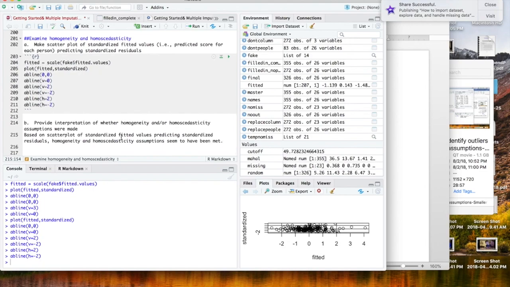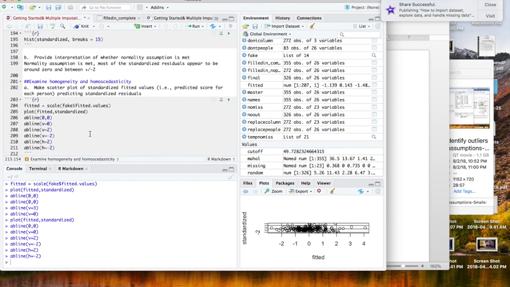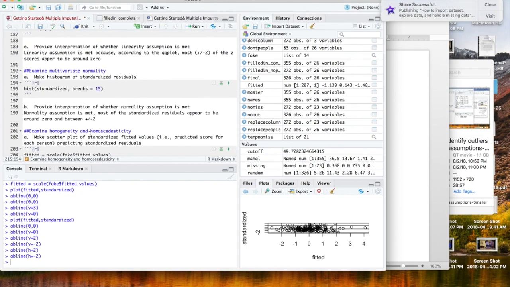And that's how you check for homogeneity and homoscedasticity.